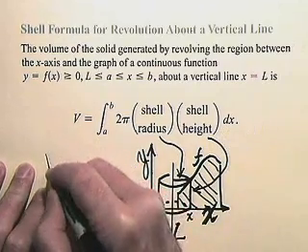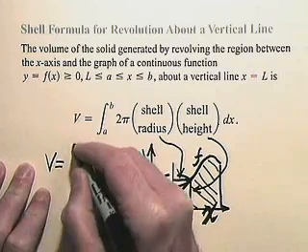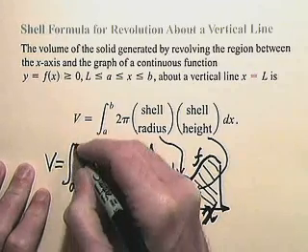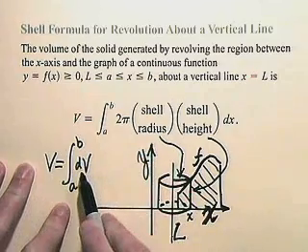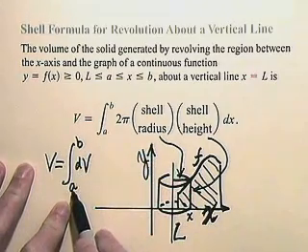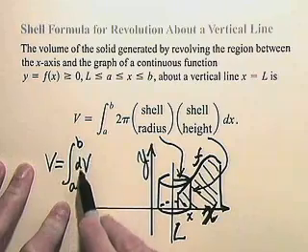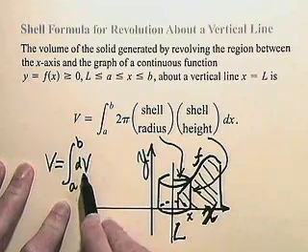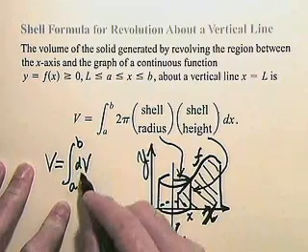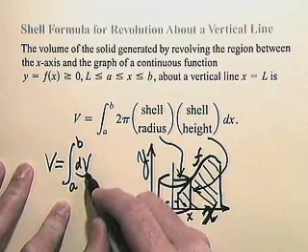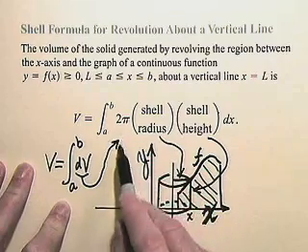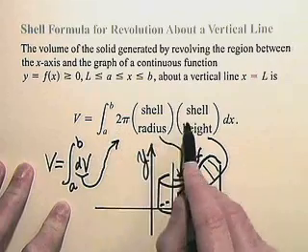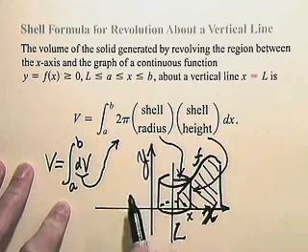In other words, I can think of this volume as being the integral from a to b of dV, but you have to understand that these limits are not in terms of the volume V. What I'm thinking of is this little dV right here, which is given by the entire product, 2 pi shell radius, shell height dx.